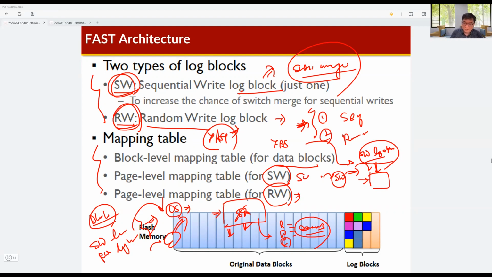But in order to use this sequential write log block, the storage device must decide whether the current write is a sequential write or a random write. Okay, that's another issue of FAST.